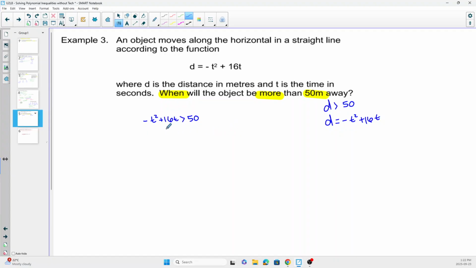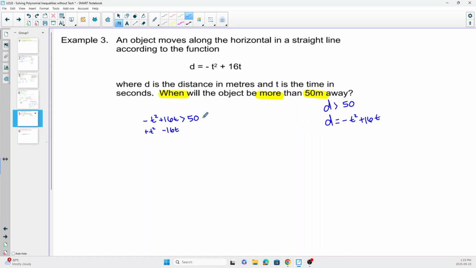Now, there's two things we could do here. We could subtract 50 from both sides, but then we're left with this negative leading coefficient, and it's always best if we can have a leading coefficient of 1. So I'm actually going to rearrange this by adding t squared and subtracting 16t from both sides.